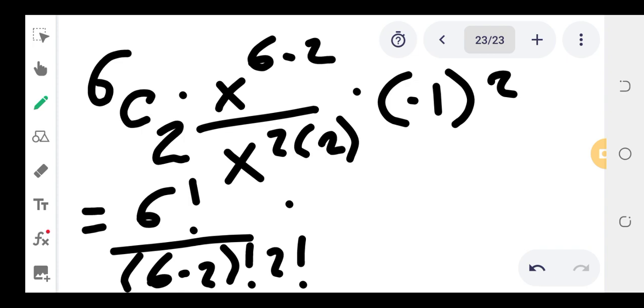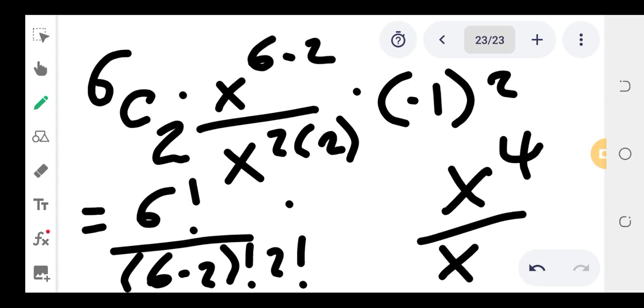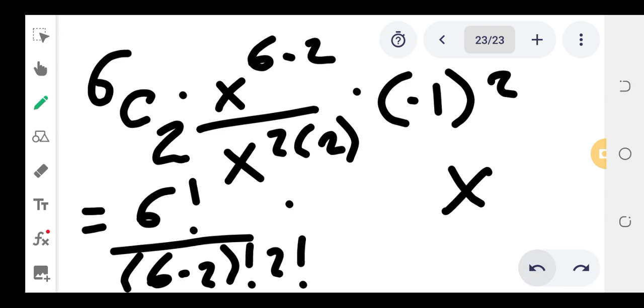So we have x to the power 4 divided by x to the power 4. So this will be cancelled out. So you now see what I was trying to demonstrate, that the x is going out. So again, negative 1 to the power 2 is just 1.